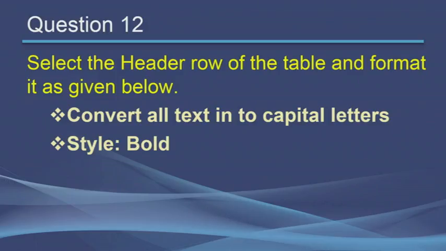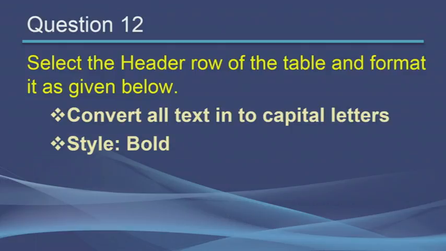Question 12 is, select the header row of the table and format it as given below. So now you have to select the header row, only the header row, not the other cells, and then do the formatting according to the instructions.